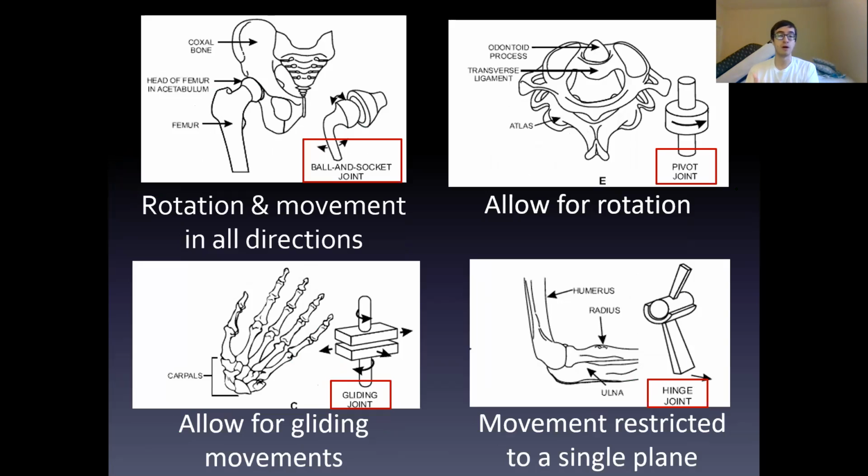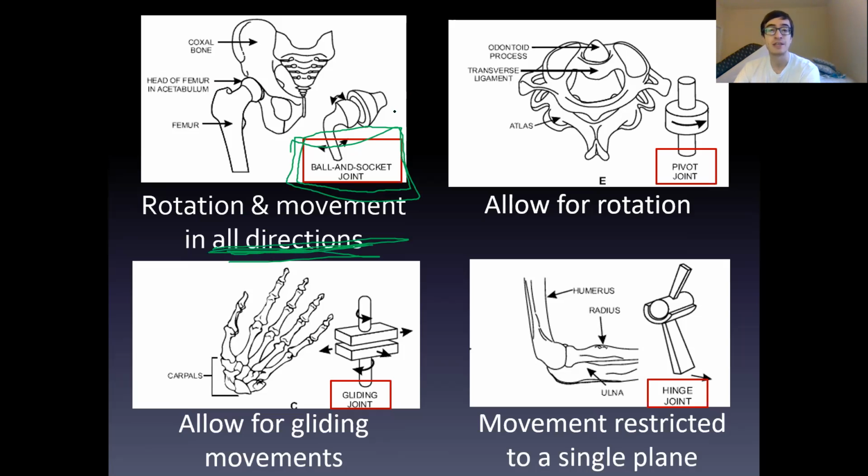All of the other joints in our body allow for a pretty good to a very wide range of movement. The first one we're going to talk about, the ball and socket joint, is probably what allows for the most movement in our body. Movement in all directions.